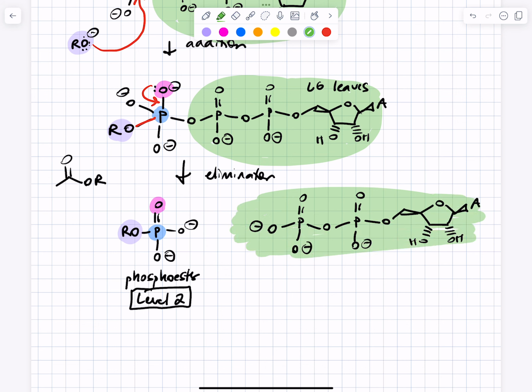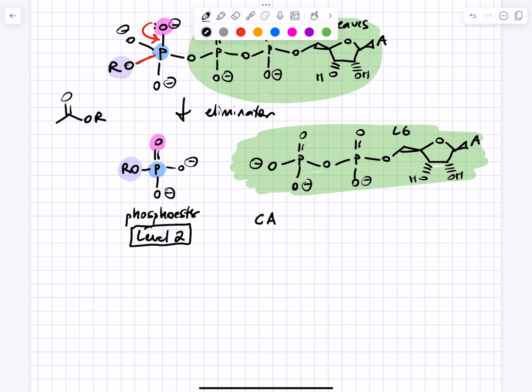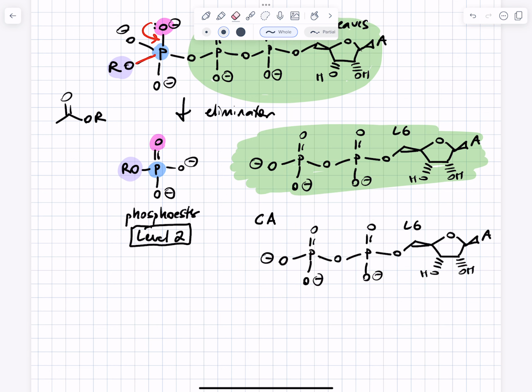And the question we can ask ourselves is, was it a good leaving group? To do that, we compare it with its conjugate acid, which I'm going to do by copy and paste. Here's the conjugate acid of the leaving group. You put a hydrogen on the atom that used to be attached to the phosphoryl group.